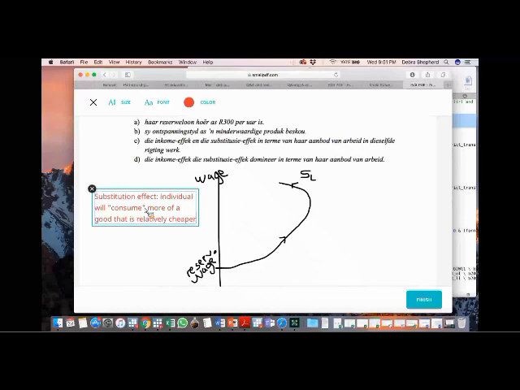Okay, so when the cost of something goes up, we will substitute away from that thing towards something else that is now relatively cheaper.